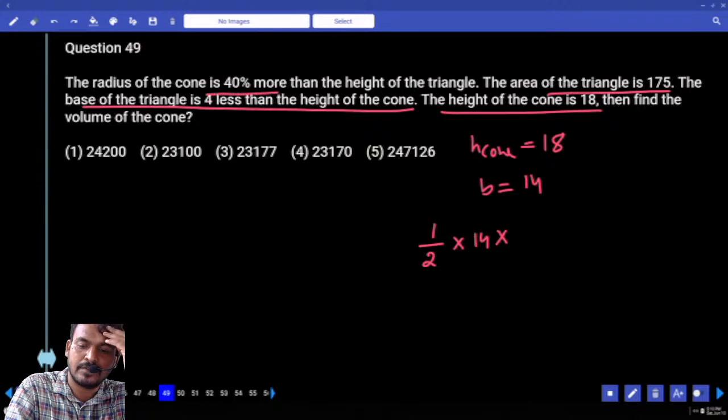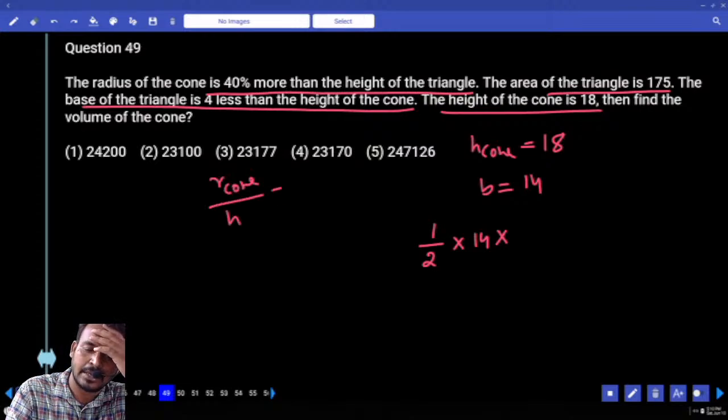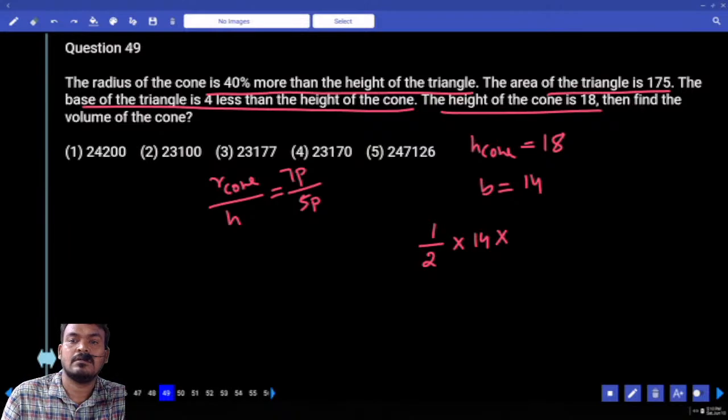Radius of the cone is 40% more than the which one? Height of the triangle. So radius of the cone and height of the triangle: suppose the height of the triangle is 5 parts, the radius of the cone is 7 parts. 40% means what fraction? 2 by 5, means 2 parts more; one is 5 parts, another is 7 parts.